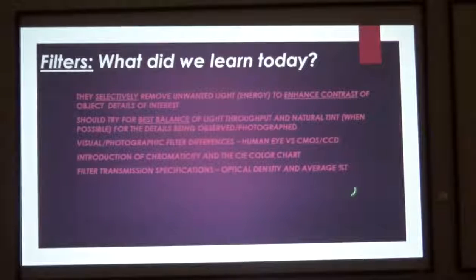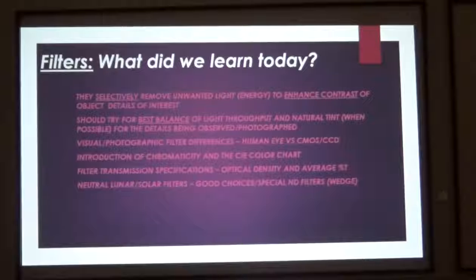You can average those curves that I showed and get an average percentage of transmission, although that's very rudimentary when you have a complicated passband response. But at least it gets you somewhere if you want to know how much light is getting through.